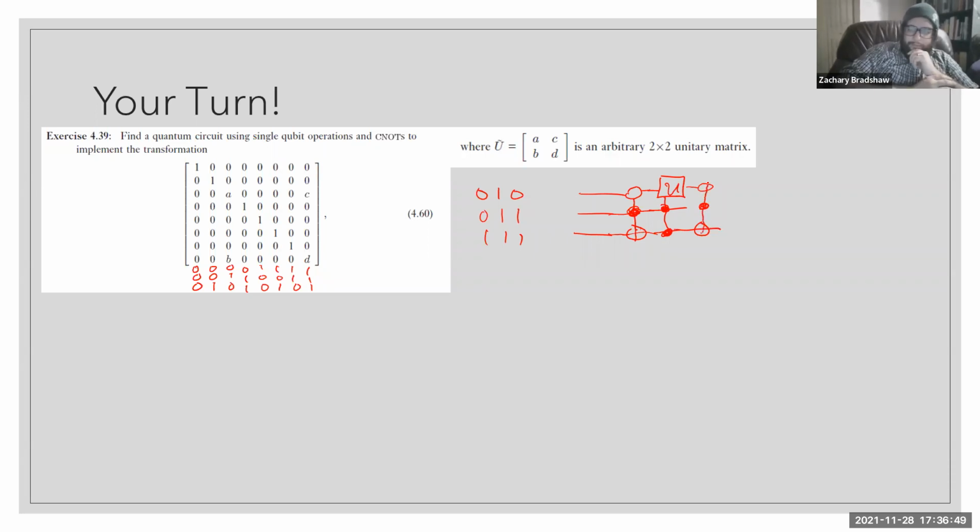Okay. So what does this do? This applies the unitary U to what state? You're sending in 0, 1, 0. Then this puts you in 0, 1, 1. And then this puts you in 1, 1, 1, and this is where you do your controlled unitary.